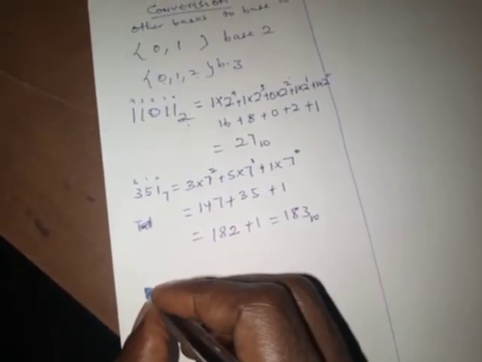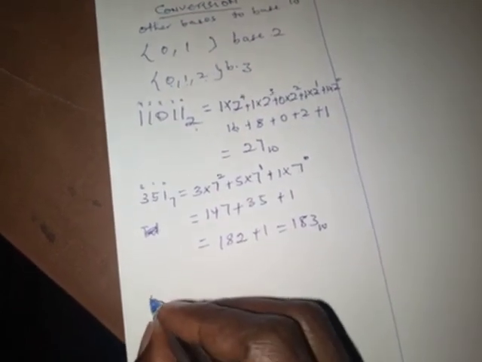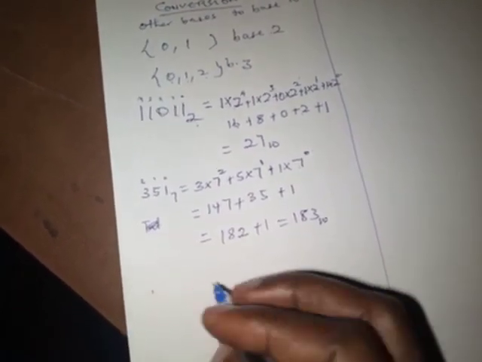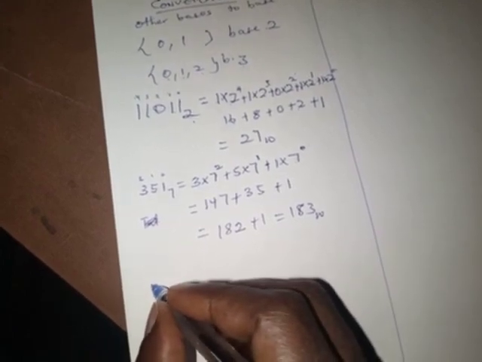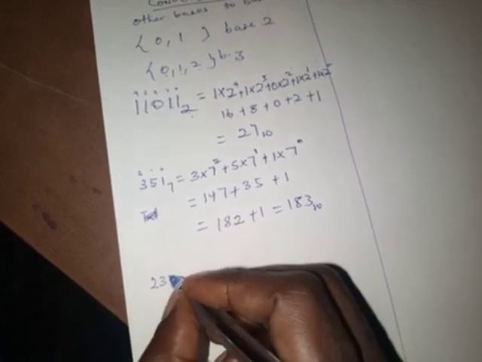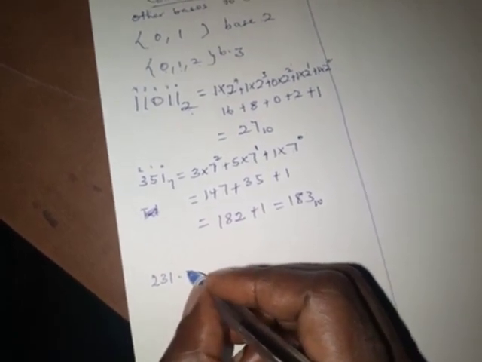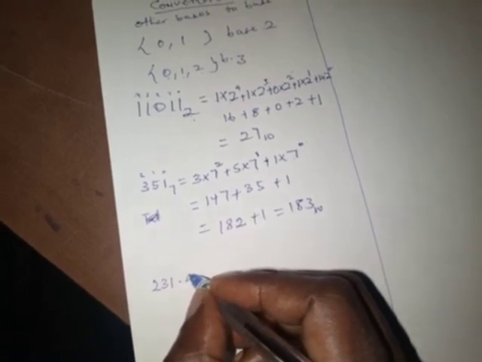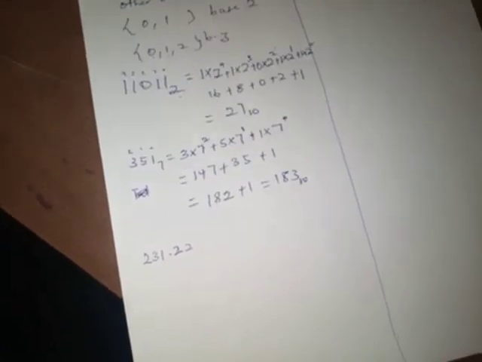And then if I've given you a number in a decimal form, so let's say I'll give you 231.22, something like this.